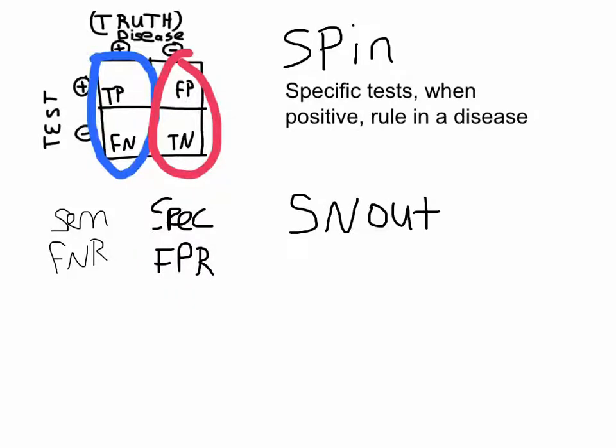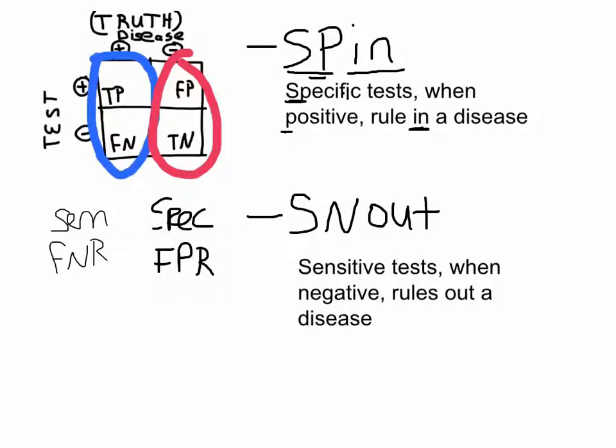So the mnemonic for these two are SPIN and SNOUT. This is basically what specificity and sensitivity mean. So a highly specific test, when positive, rules in a disease. So specific, positive, rules in.